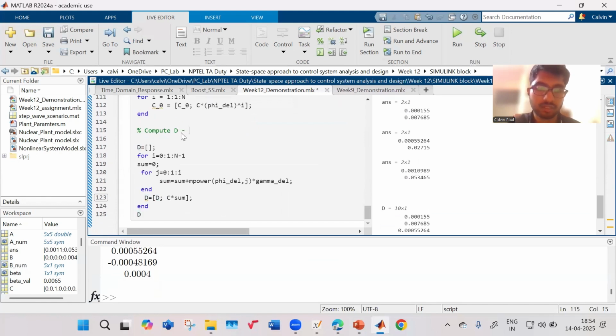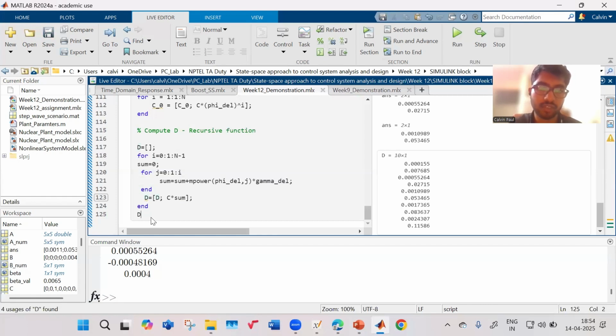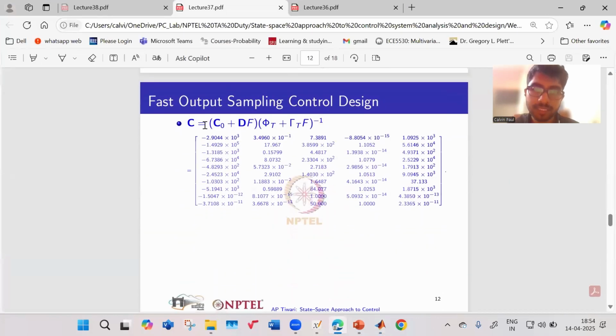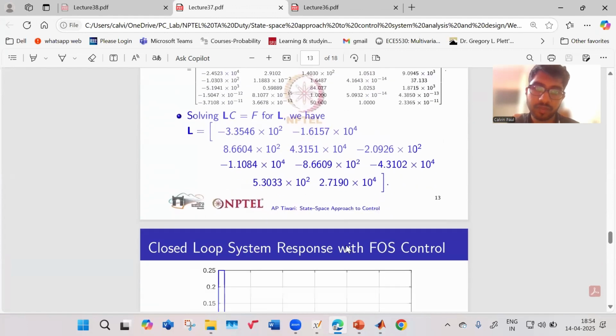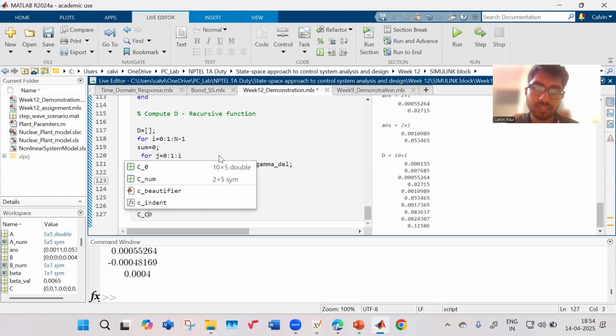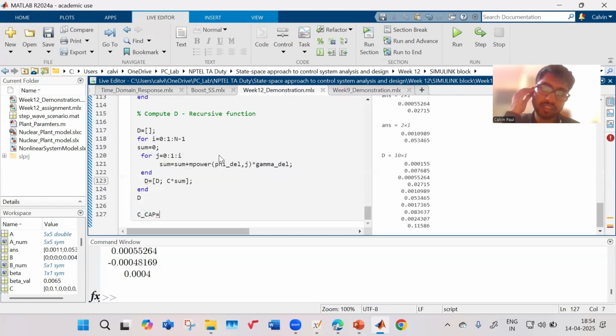We have found it using a recursive function or algorithm, etc. So we have got our D also, we have got our C naught also. Now what do we need to find? Capital C is C naught plus D F and phi t plus gamma t F inverse. Okay. So let me just use C cap because we already have C numerator.